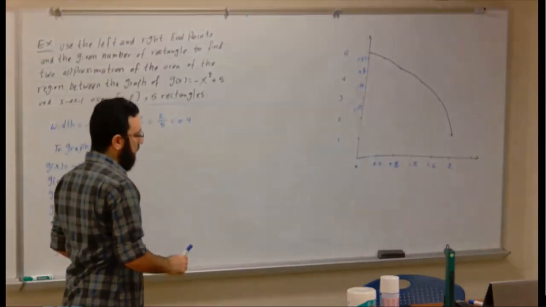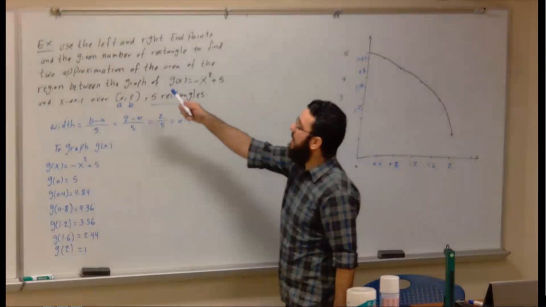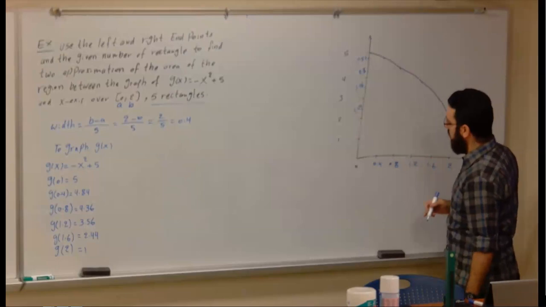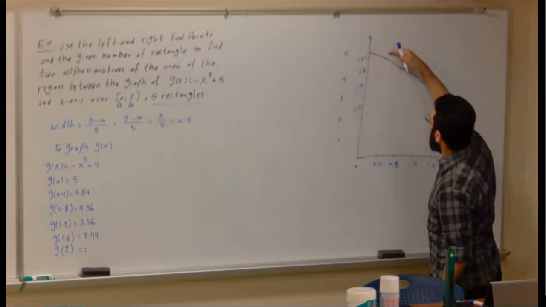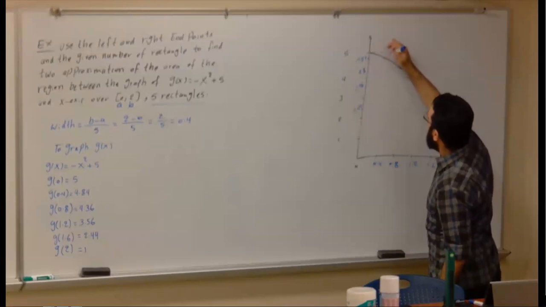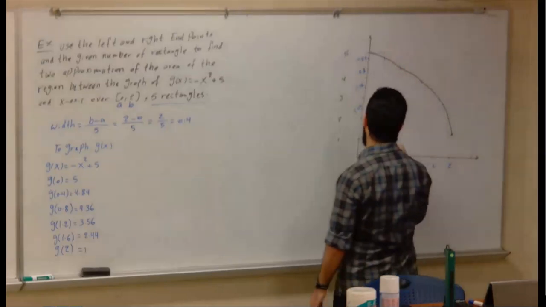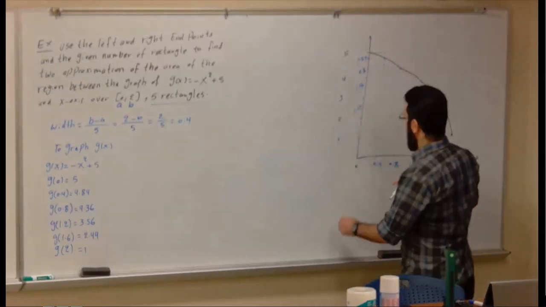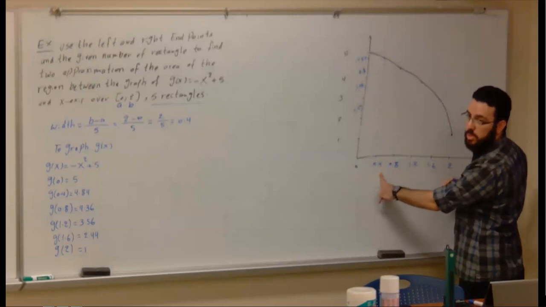So let's divide these, write down the rectangles. They ask you to use the left and right endpoint. The left and the right. So the first rectangle is going to be until 5. We're going to go like this. And here's our first rectangle from the left, 5, going to the next point, which is 0.4.